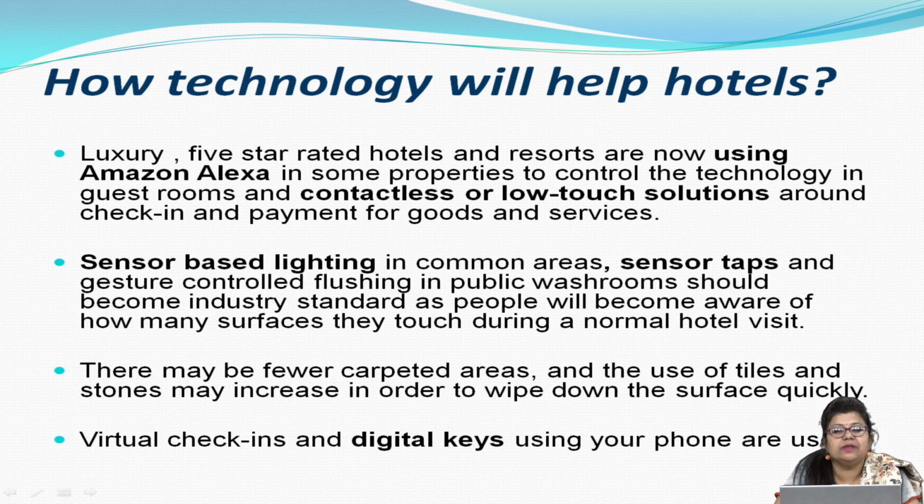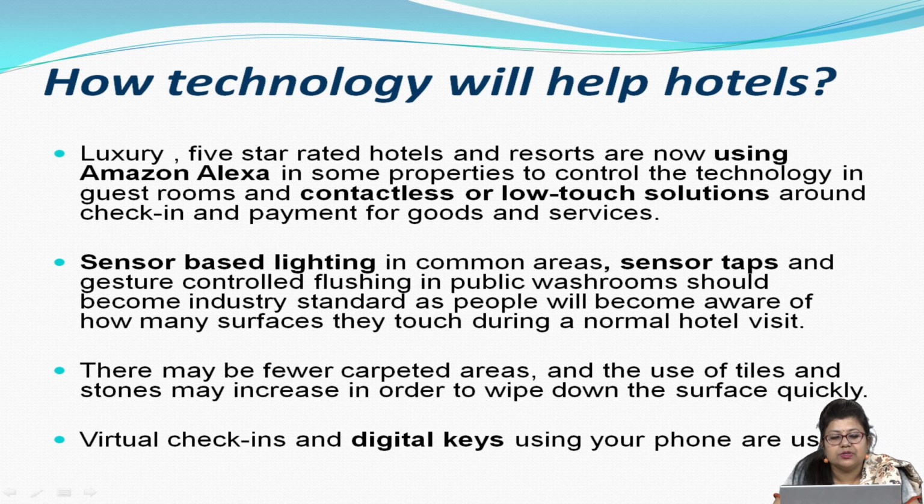How will technology help the hotels? Luxury 5-star rated hotels and resorts are now using Amazon Alexa in some properties to control the technology in guest rooms, with contactless or low-touch solutions around check-in and payments for goods and services.